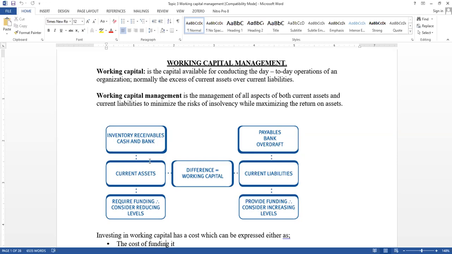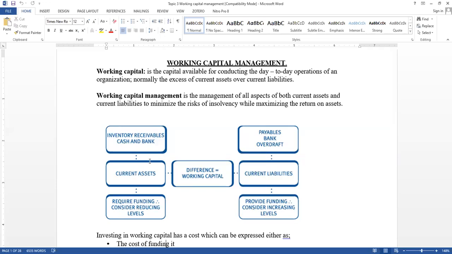That means you're financing your payables using resources generated from other ventures or other sources. The idea would have been that you collect your money from your debtors and then you pay your suppliers.